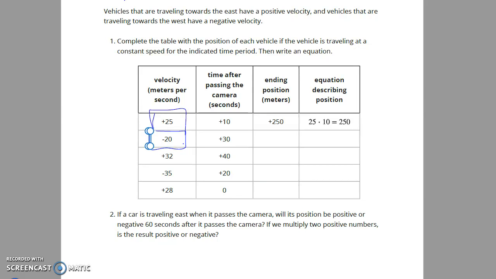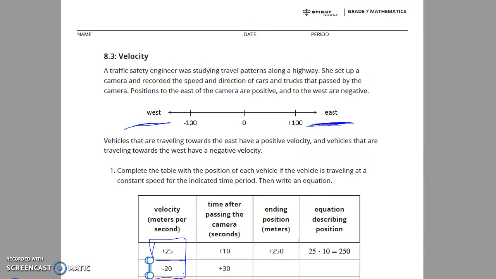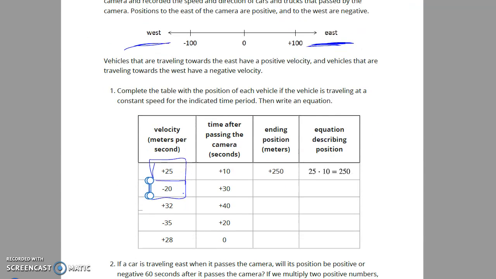So if we look at this first one, they are going to the east because it's positive. Time after passing the camera, 10 seconds. They are multiplying 25 by 10 to get 250. See the equation right here? So if we did negative 20 times 30, it would be negative 600.